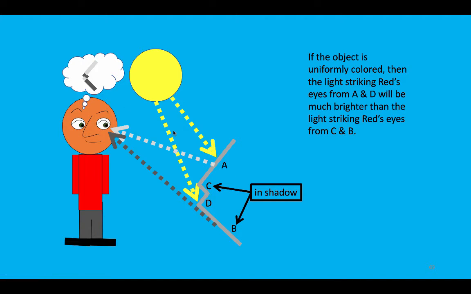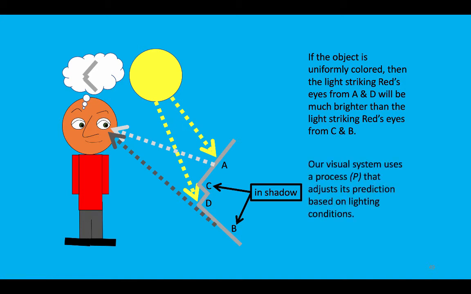But that's not how it is in the world. The object is uniformly colored in the world. The light coming off of A is only brighter than the light coming off of B because the lighting conditions are different. A is in full sun and B is in shadow. So if the person's brain wants the person to see this as it is in the world, not based on lighting conditions, but based on what this object is really like, that is, if the brain wants the visual experience to reflect what's actually out there in the world, then the brain is going to adjust for lighting conditions, going to compensate for lighting conditions, and give the person an experience of a more or less uniformly colored object.